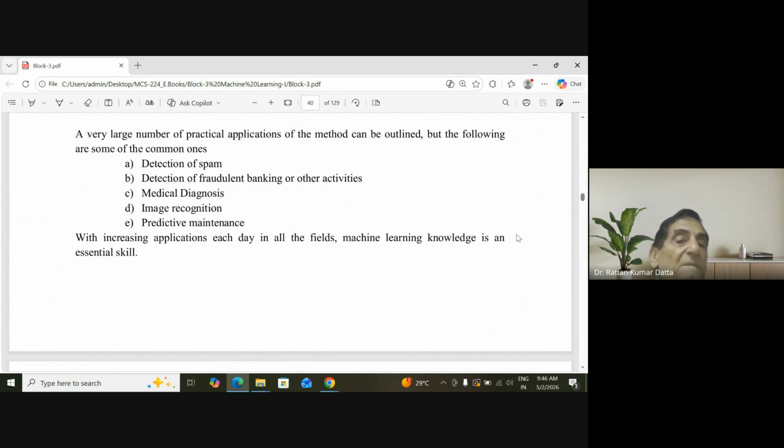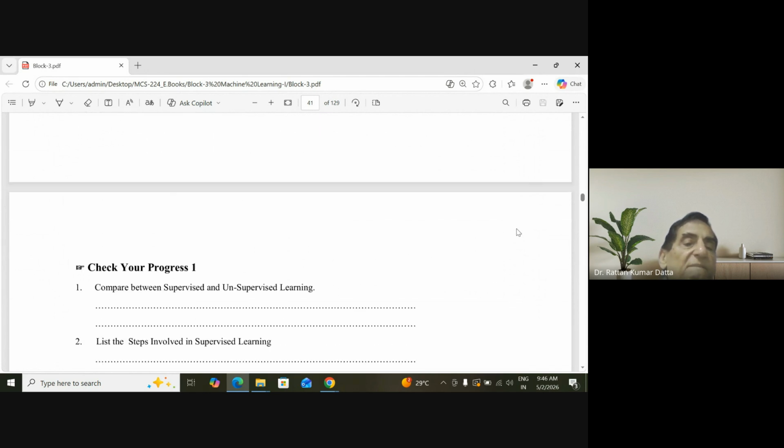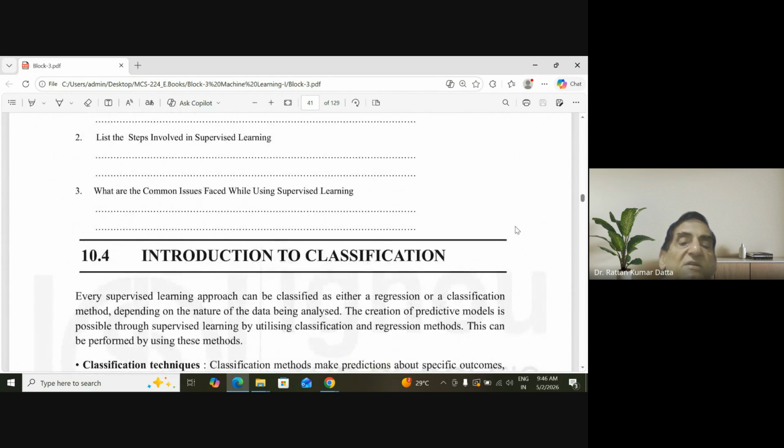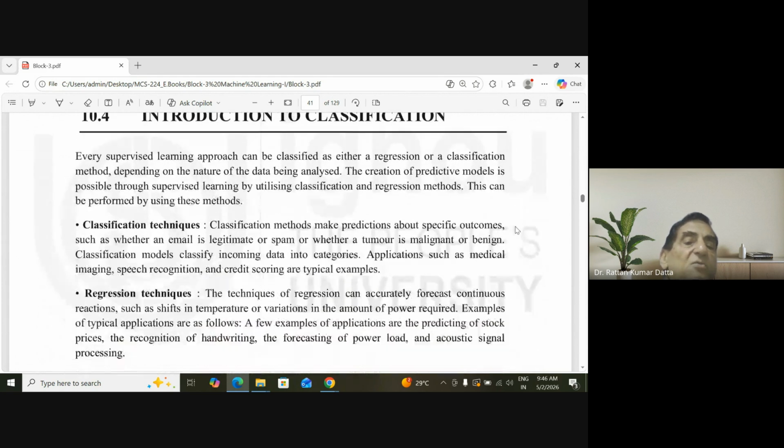Detection of spam, detection of fraudulent banking and other activities, medical diagnosis, image recognition, predictive maintenance. These are some of the uses which are there, but the following are some of the common ones, the practical applications. Introduction to classification. So what is the classification technique?